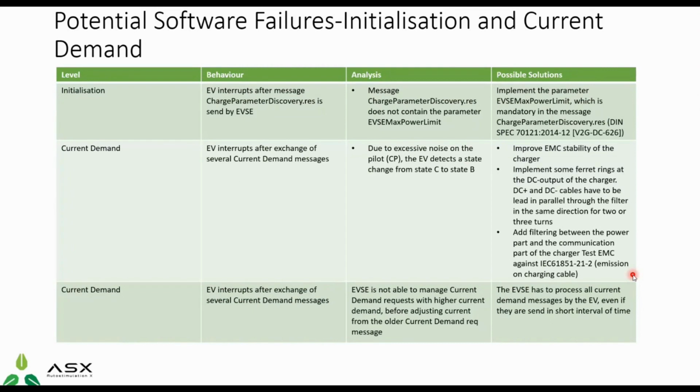Initialization does not happen, and the behavior is that the charge parameter discovery request is sent by EVSE. According to this, we found a number of problems in the current demand also, while the EV interrupts after exchanging the current demand messages.